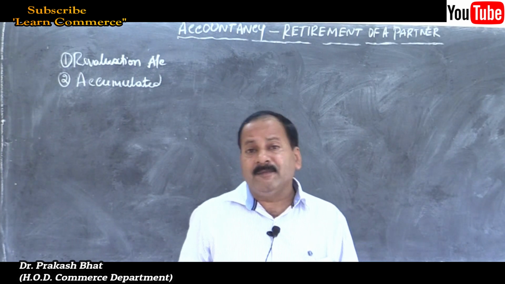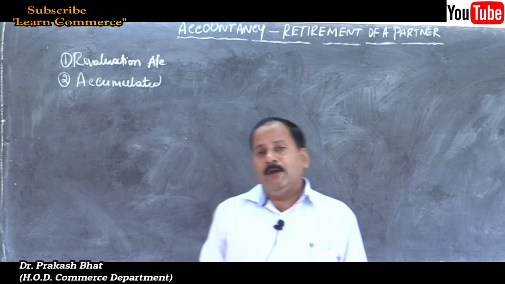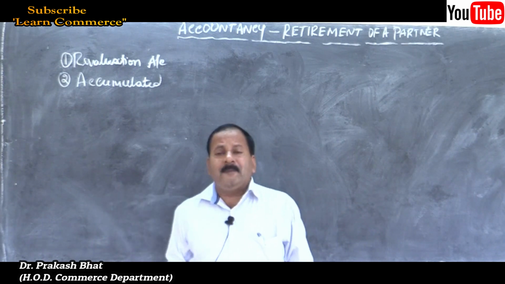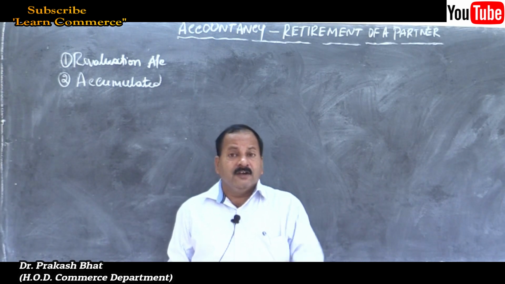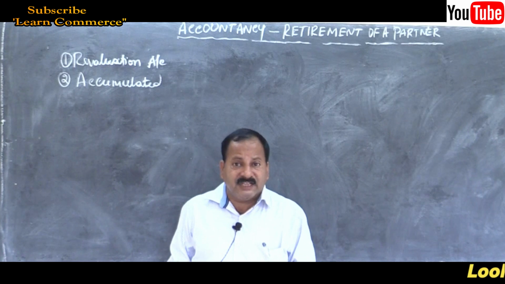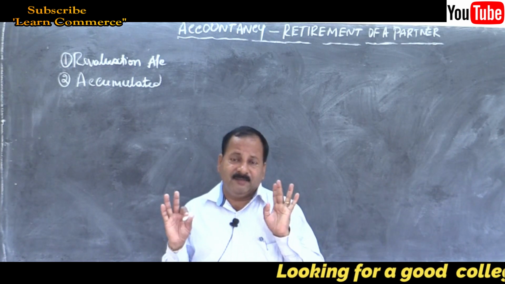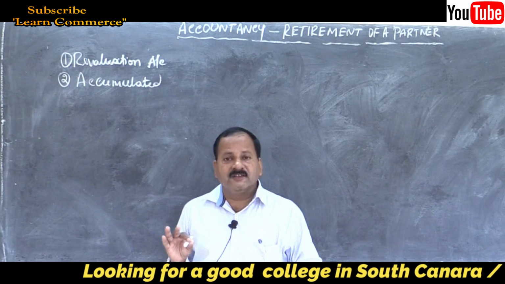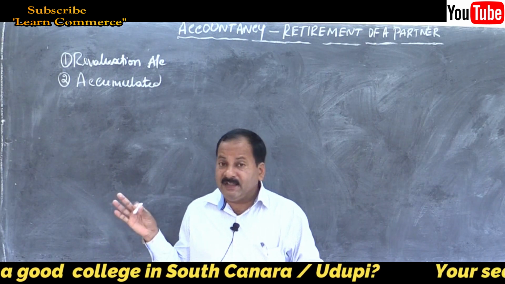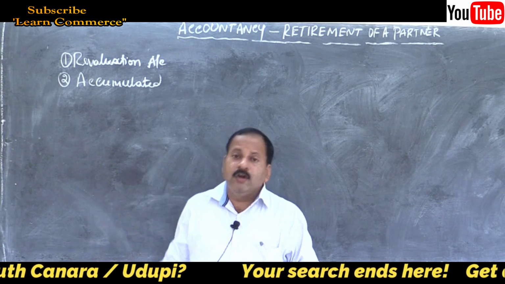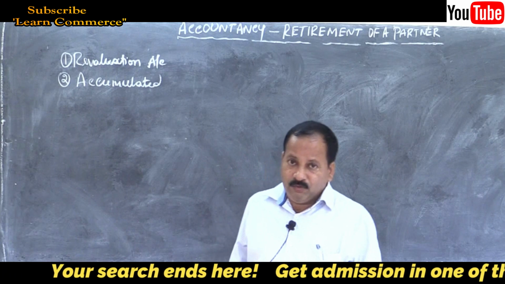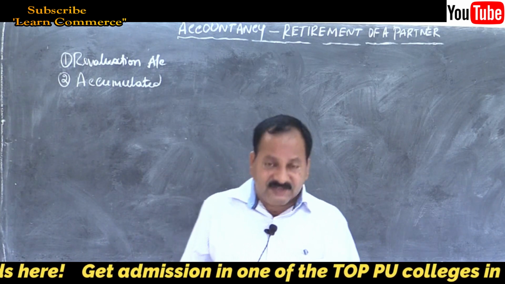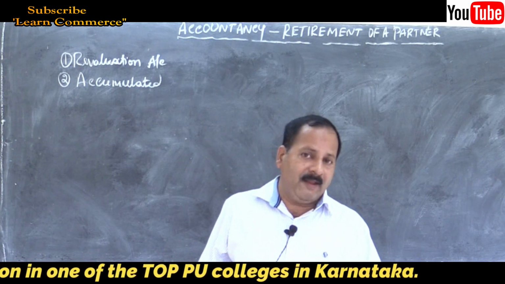And in case of retirement, you have to transfer to all partners' capital accounts, because the retiring partner was also there till the date of retirement. Am I correct? So it should be transferred to all partners' capital accounts in their old profit sharing ratio. That is what the second step will be.